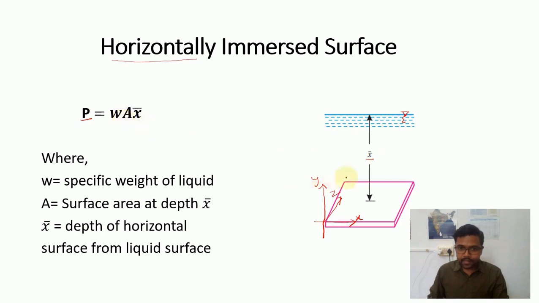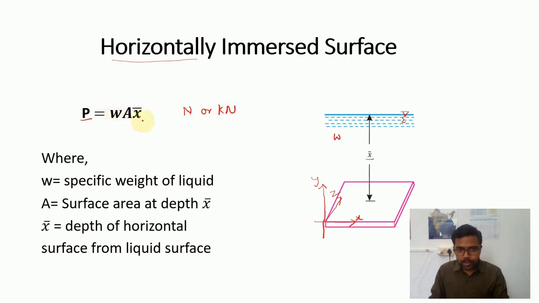And A is the surface area which is in contact with the liquid, and W is the specific weight of the liquid in which the object is immersed, right? Here you can observe that P is the total pressure force, and the units are either newtons or kilonewtons, right?